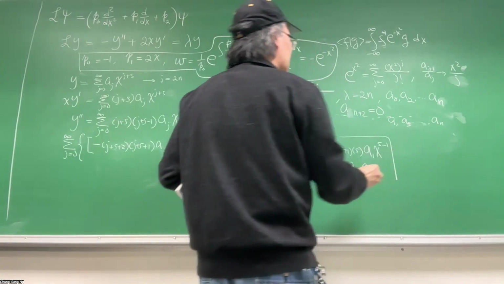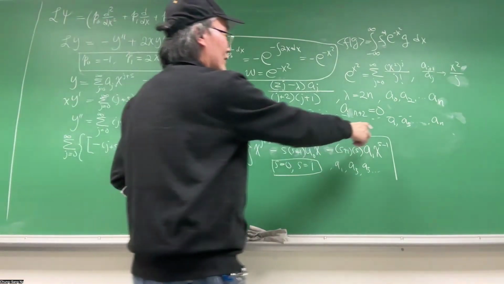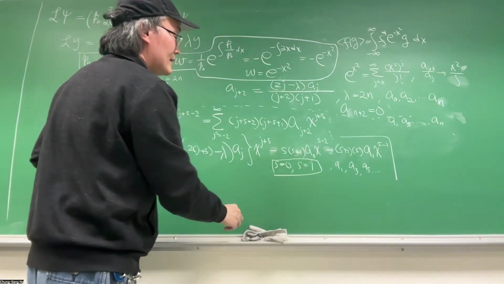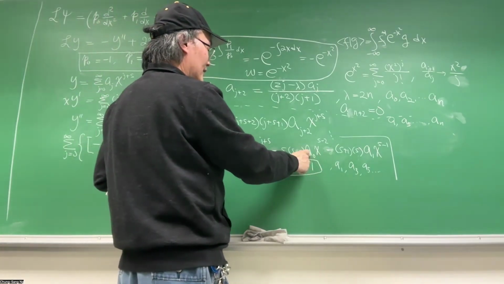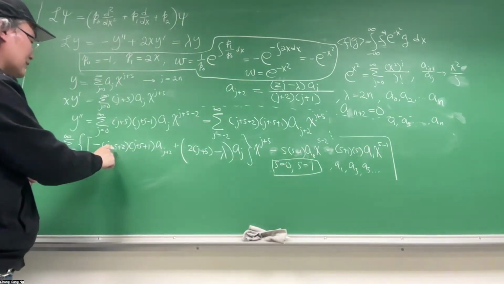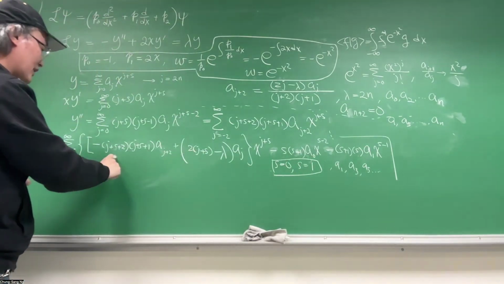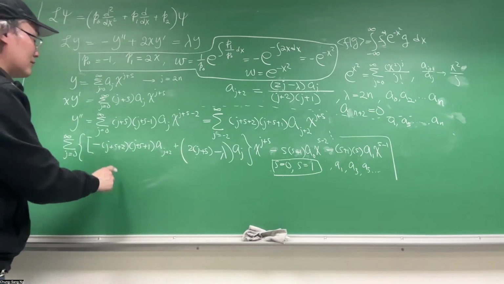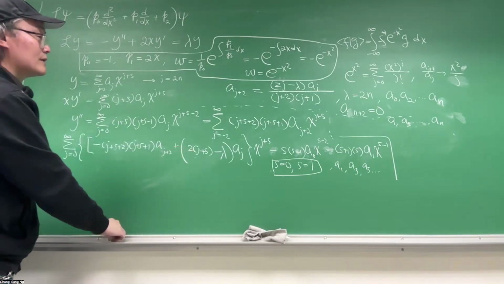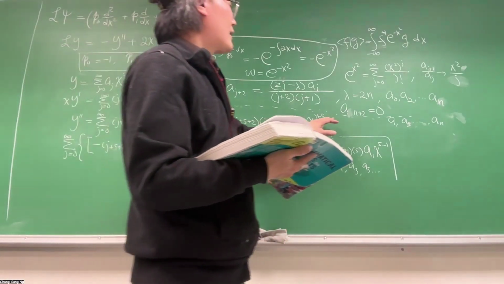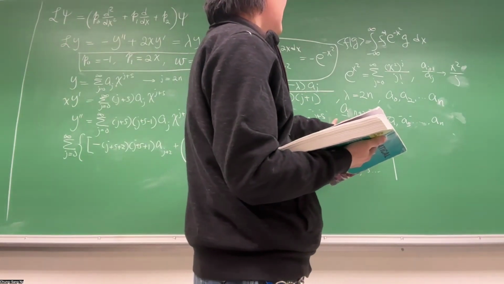So that is still true. But you start with an odd number if you do it this way. If you choose S equals 1 and set A0 non-zero, A1 is 0, then you need to change your iteration relation with S equals 1 here. But either way is the same. So you actually can solve it this way.